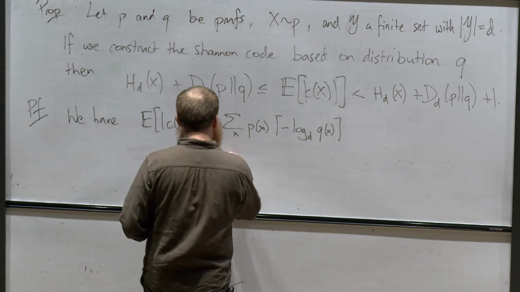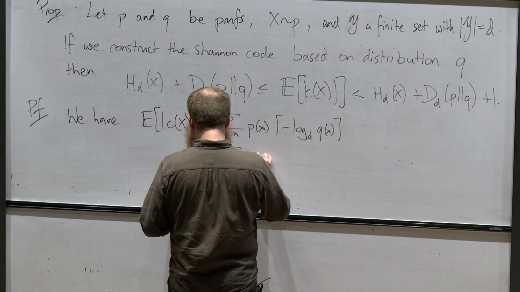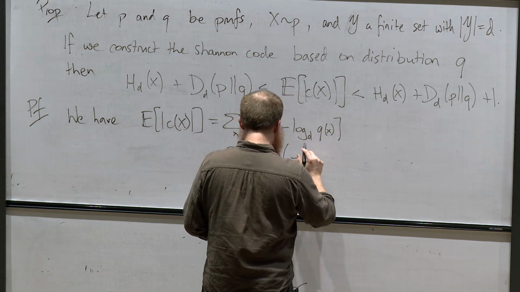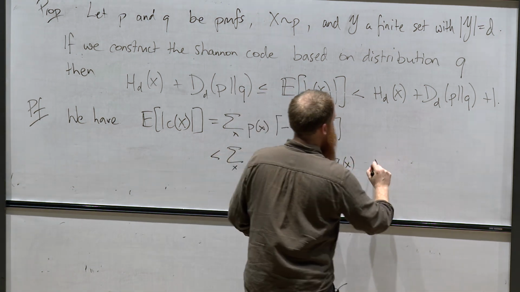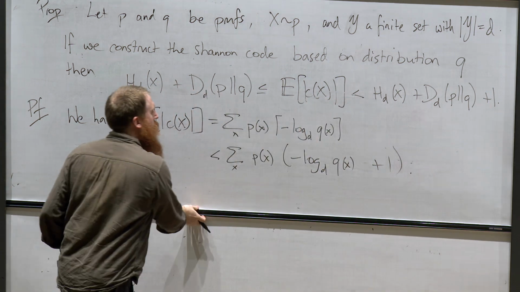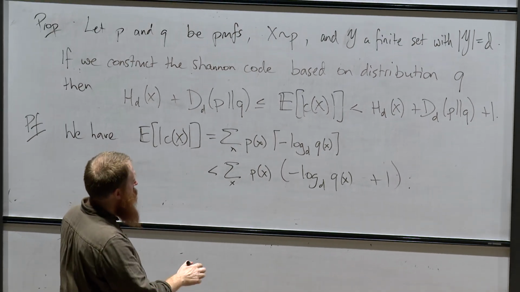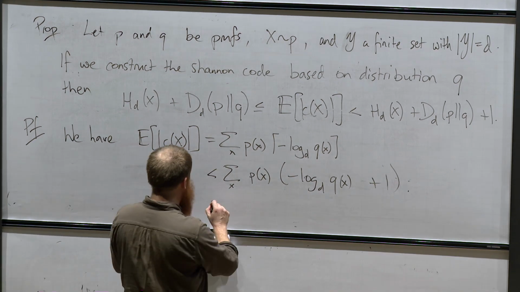Then this is less than the sum over x of, let's get rid of this ceiling, so minus log_D q(x) plus 1. So that's not so interesting. And then I'm going to try and mess with this a little bit to turn it into something that looks like a divergence.